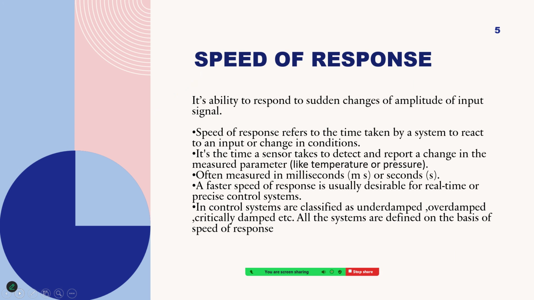Now, another dynamic characteristic is the speed of response. It is the ability to respond to sudden changes of amplitude of the input signal. Speed of response refers to the time taken by a system to react to an input or change in conditions.